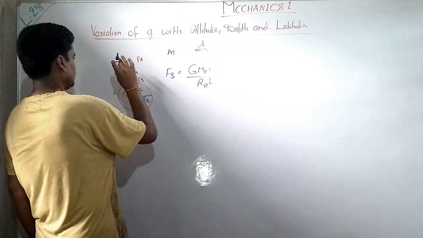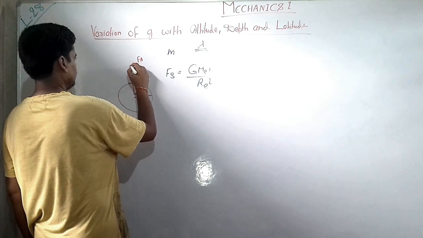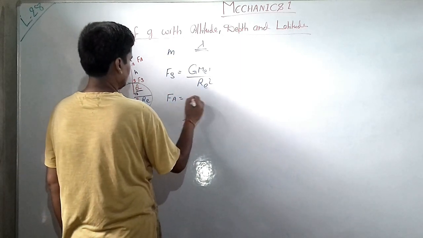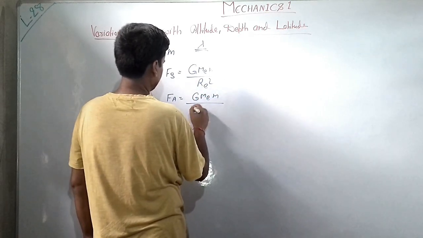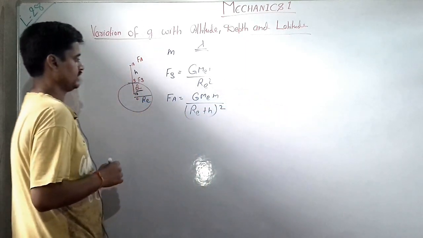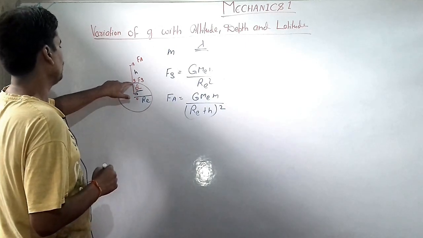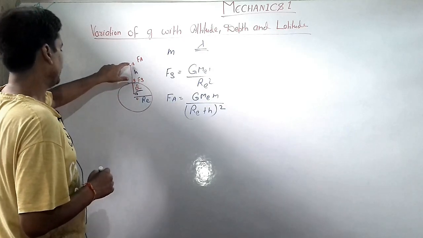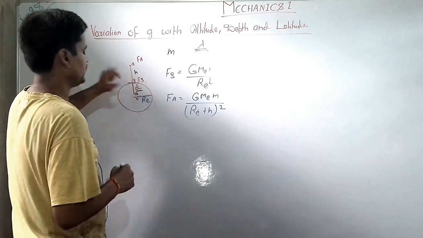Now the gravitational force experienced by the object at point A due to the earth, Fa, is G m_E m divided by the total distance (R_e plus h) whole square. This is the gravitational force at point S, which is the earth surface, and at point A, which is above the earth surface at height h.